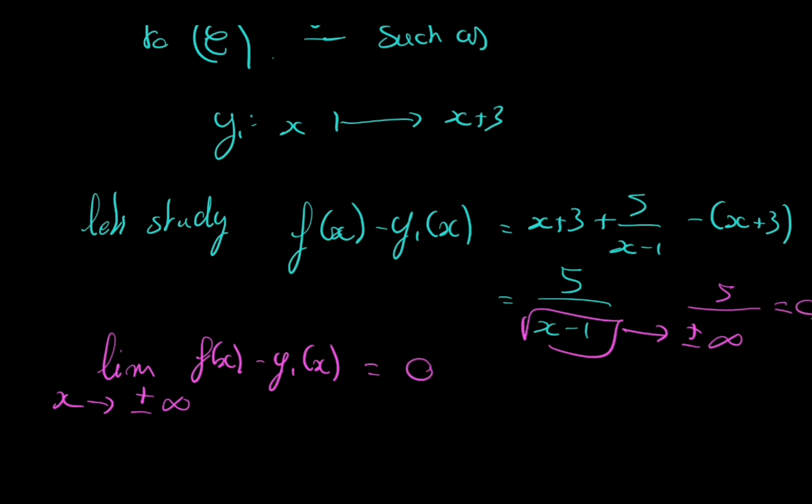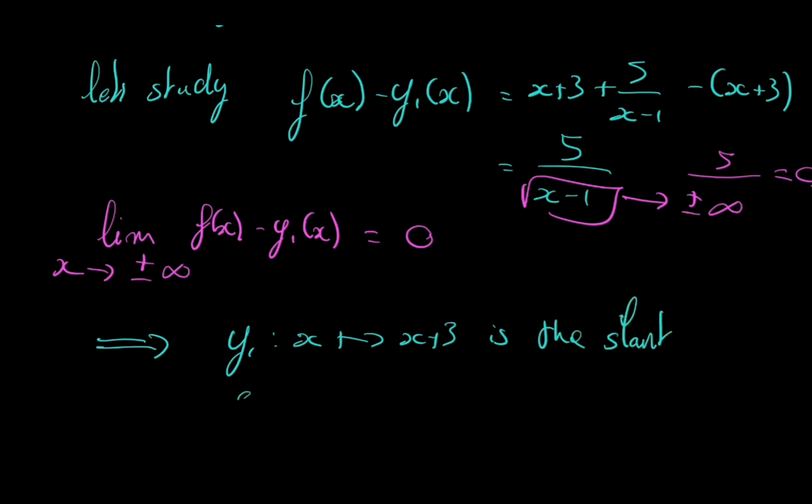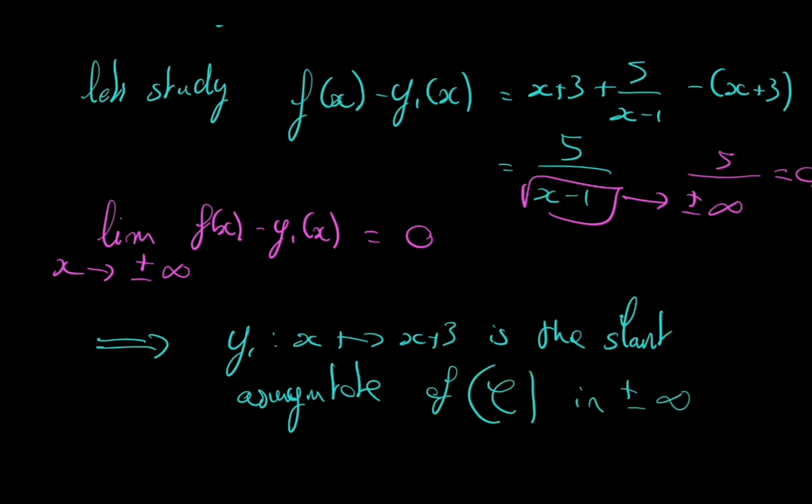So this thing is equal to 0. And we conclude that y1, that given x gives x plus 3, is the slant asymptote, sorry for my writing, of C in plus and minus infinity.